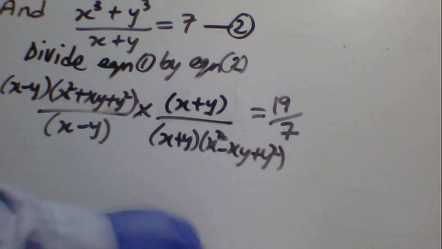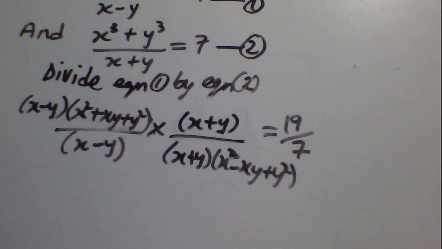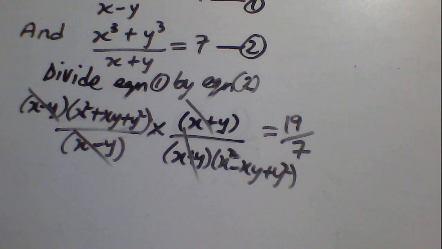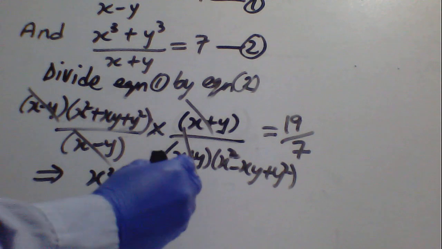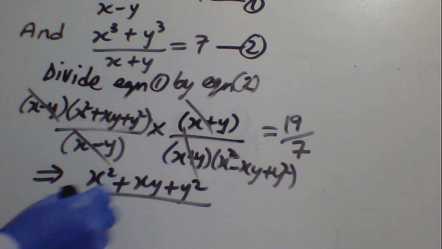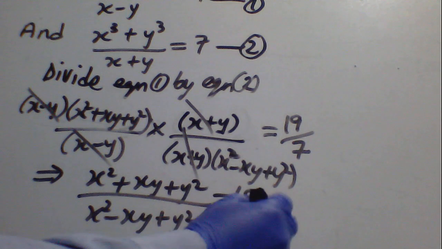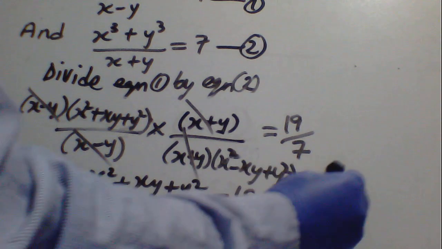So this cancels here, this cancels, and we have (s^2 + sy + y^2)/(s^2 - sy + y^2) = 19/7. We can call this equation 4.